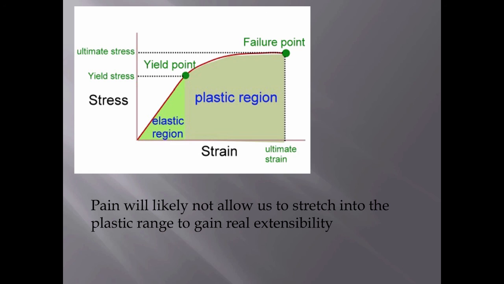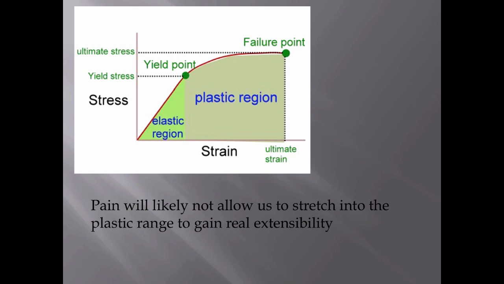Remember, with the elastin, it allows you to go right back to where you were before. If you take it a little farther in the strain, eventually you get to a failure point, the cross between the ultimate strain and the ultimate stress.